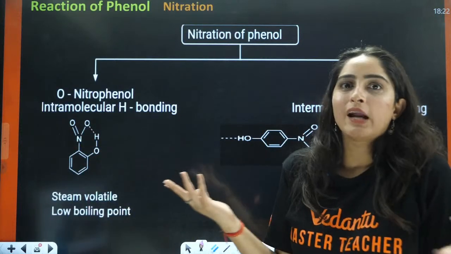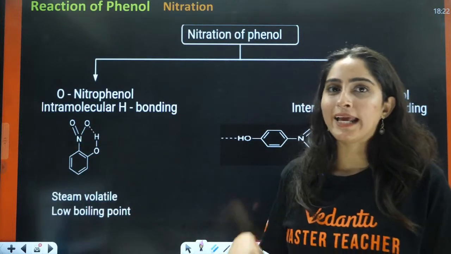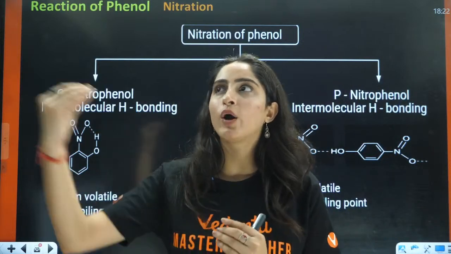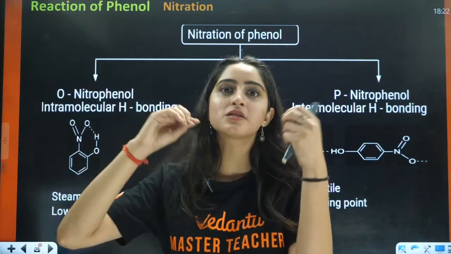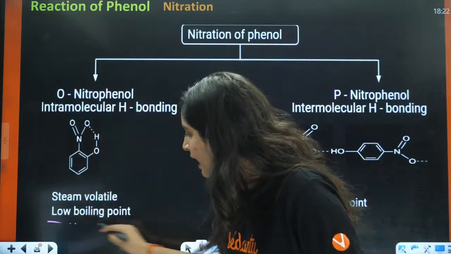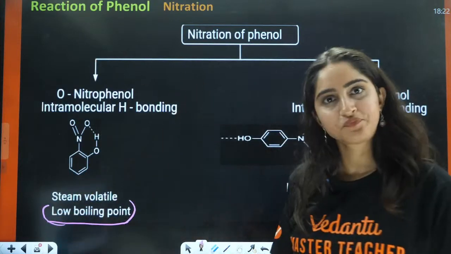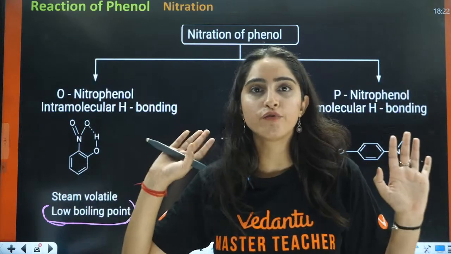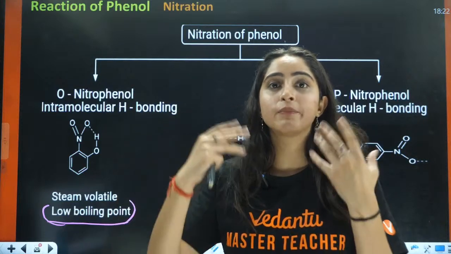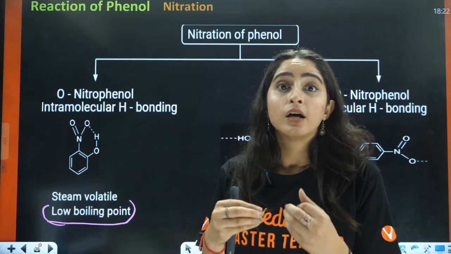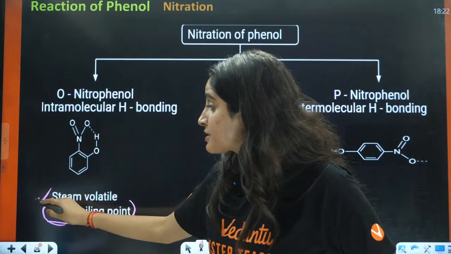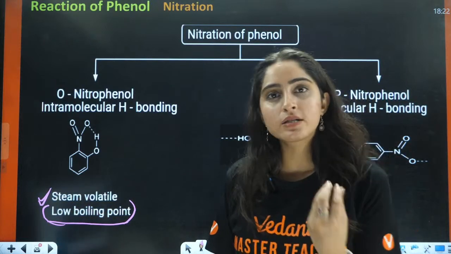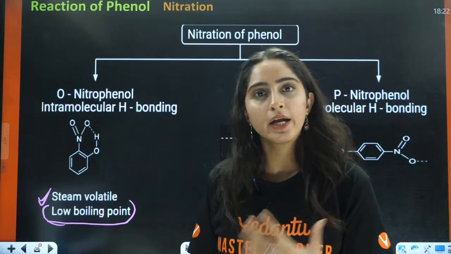You don't like your neighbors. You'll be like, my bond with my neighbors is weak, so it is easy to break. That is why it has a low boiling point. You give just a little bit of heat, it will convert itself into vapors. It will vaporize. It is steam volatile, right? Its volatility is very high. You just give it a little bit of temperature, it will volatilize.